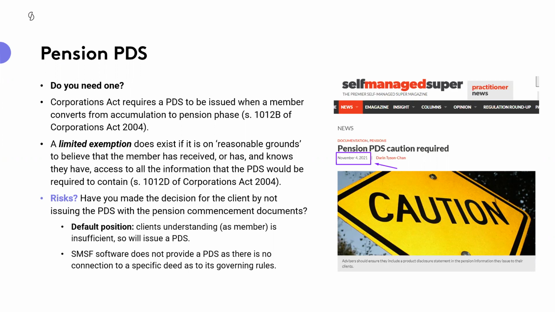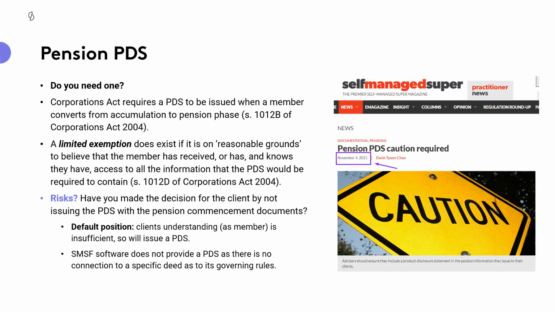So the argument is, well, do we need to give it to a self-managed super fund member where they're also the trustee and they're meant to know everything in respect to the operation of their self-managed super fund, so therefore we don't actually need to issue it?